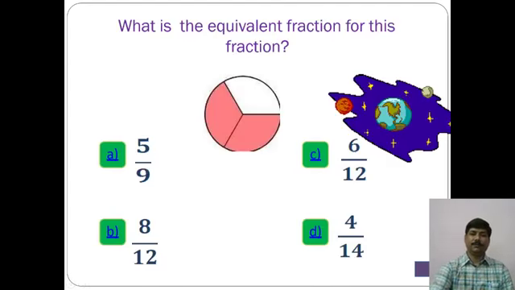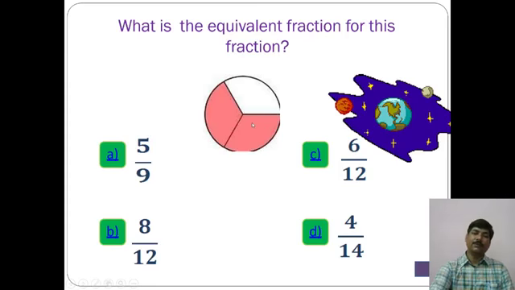Now, some more questions. What is the equivalent fraction for this fraction? Please tell me. This is a picture in which the fraction is not given directly. It is given by a shaded portion. So first you have to write the fraction for the shaded portion.